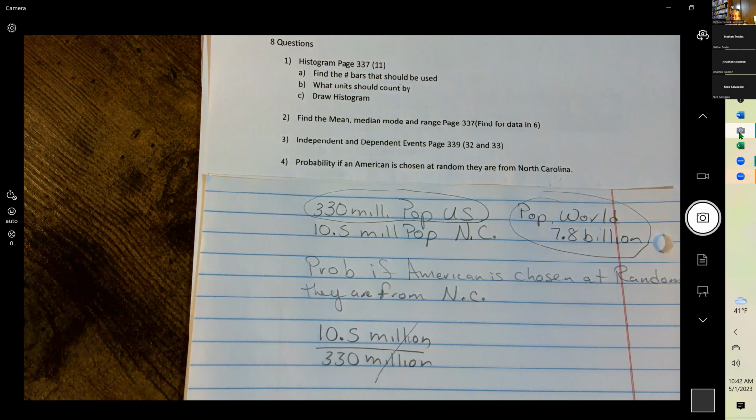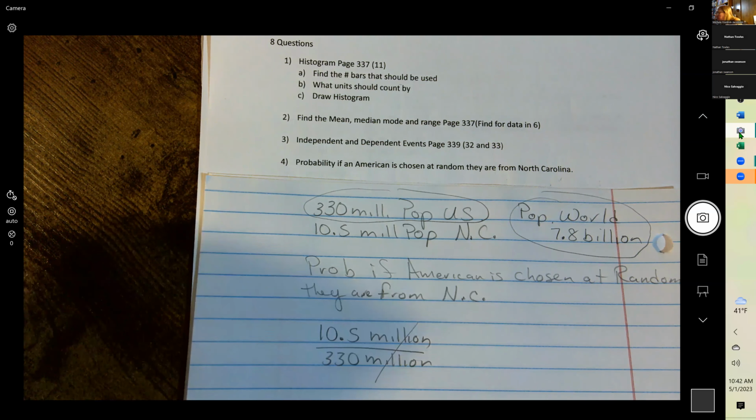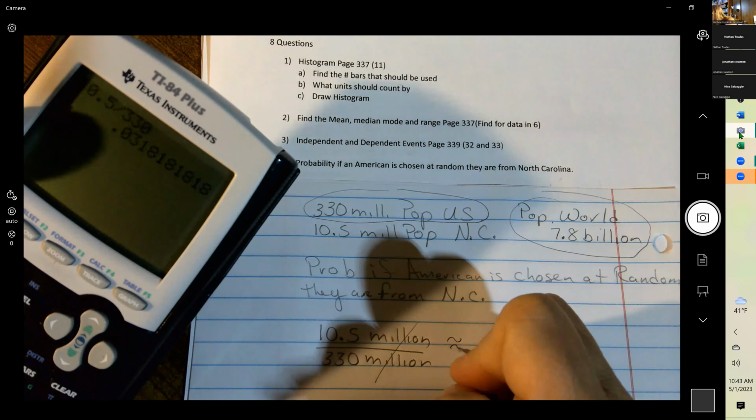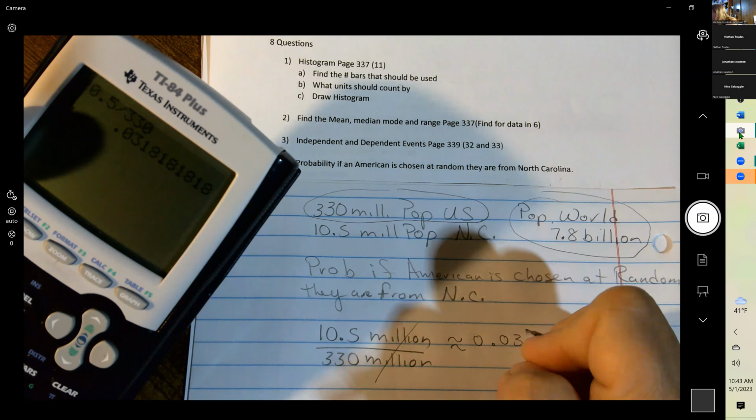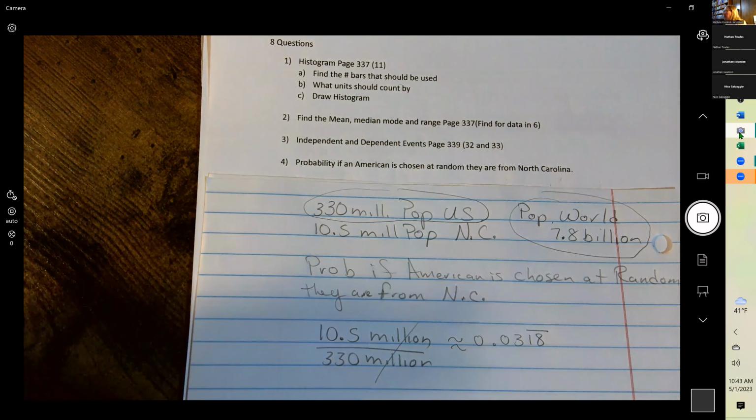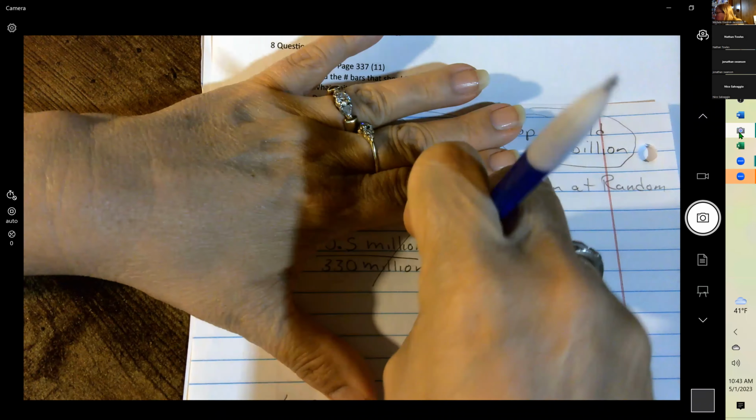So 10.5 million divided by 330 million. Oh, I guess it's not rounded. Written like this, it's not rounded.